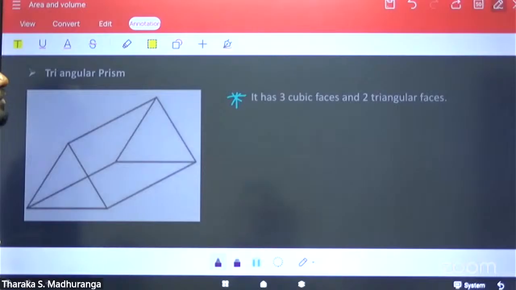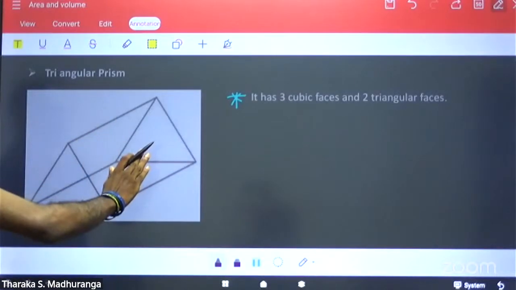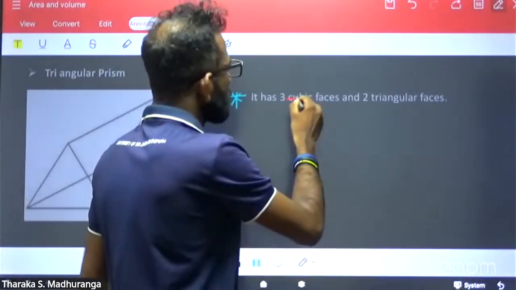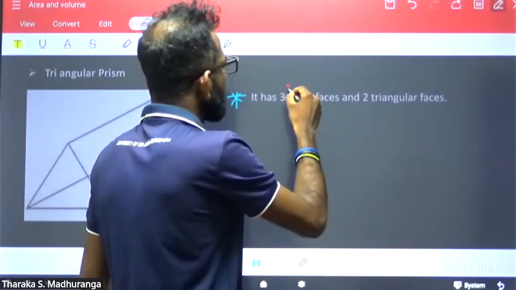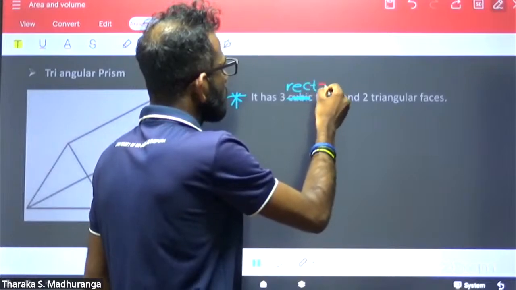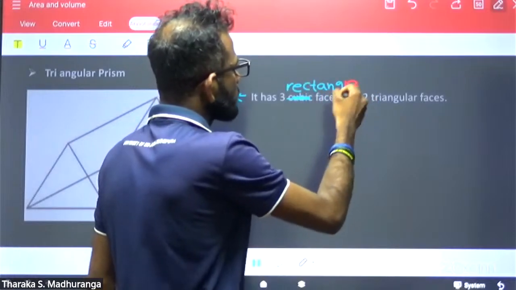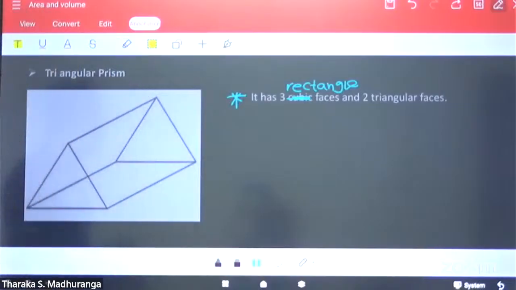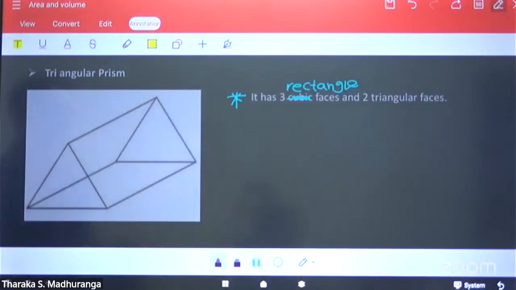Sorry, not cubic. It has 3 rectangle surfaces and 2 triangle surfaces. Not cubic surface.